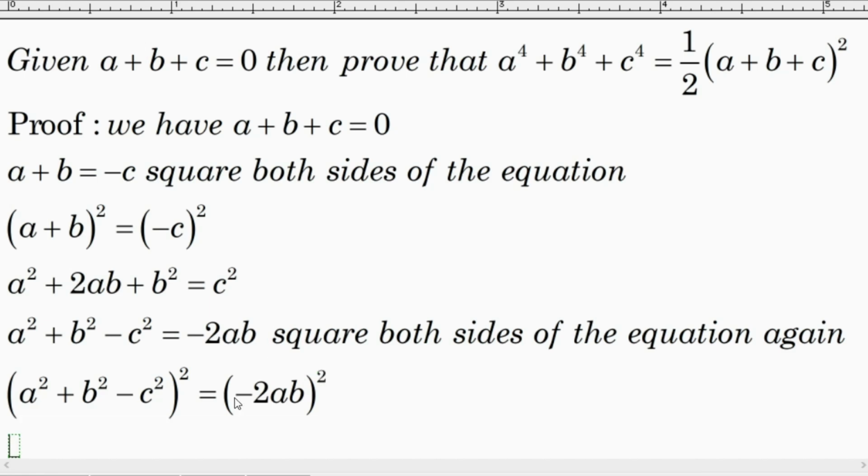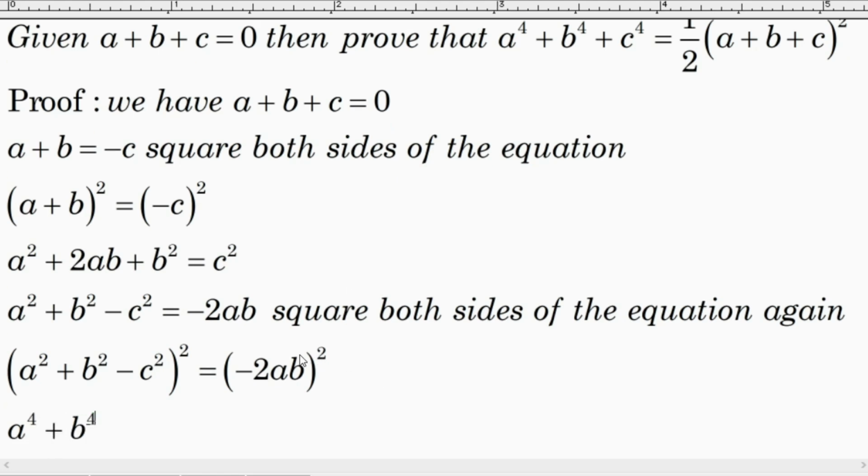When we expand (a² + b² - c²)², we will get a⁴ + b⁴ + c⁴ + 2a²b² - 2a²c² - 2b²c². So then we have a positive sign and then we have a negative sign.